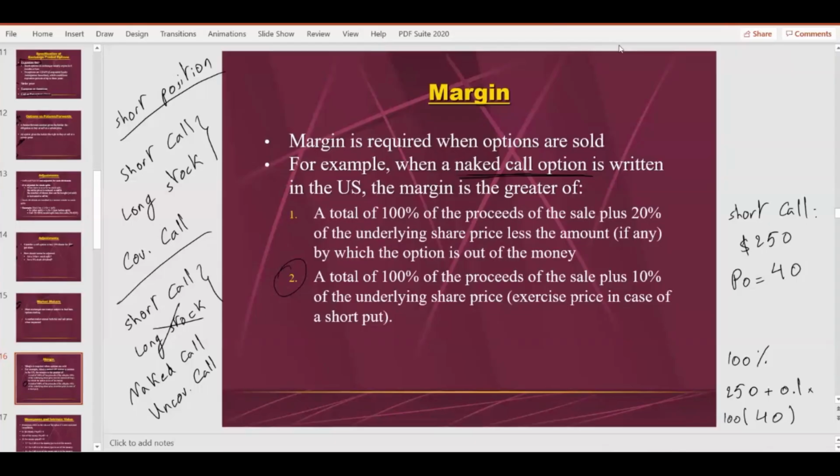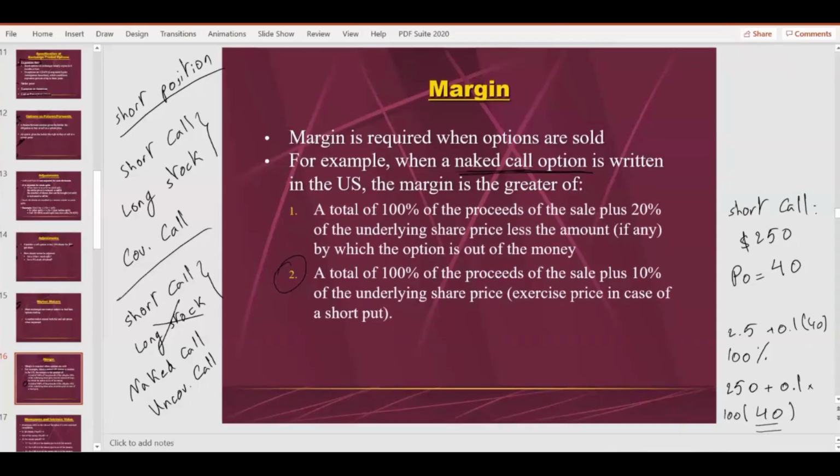Or if I'm putting it as per share, it's going to be like this: 2.5 plus 0.1 times 40. This is the required margin per share. If this was a put option, instead of putting $40, the price, I should put the exercise price.